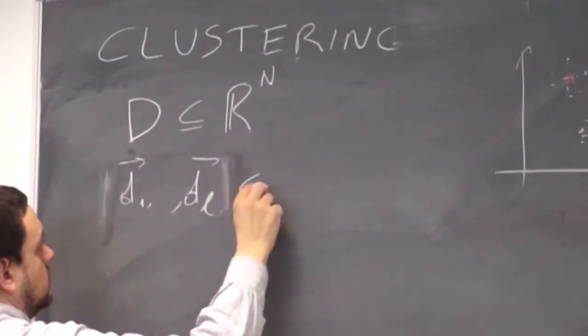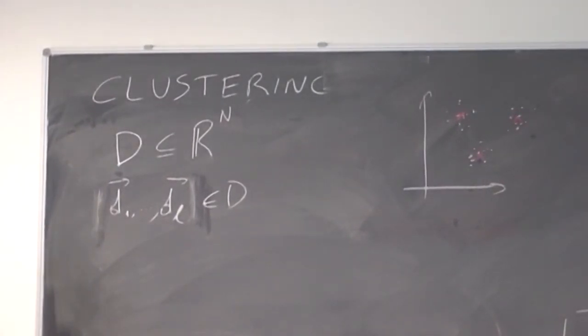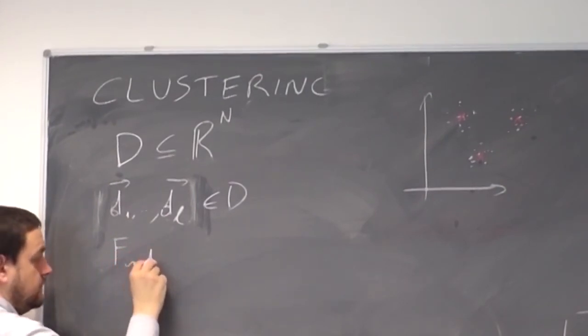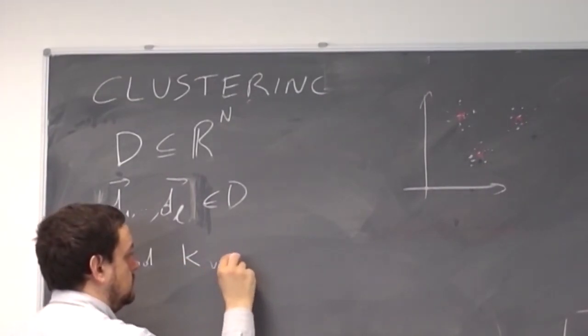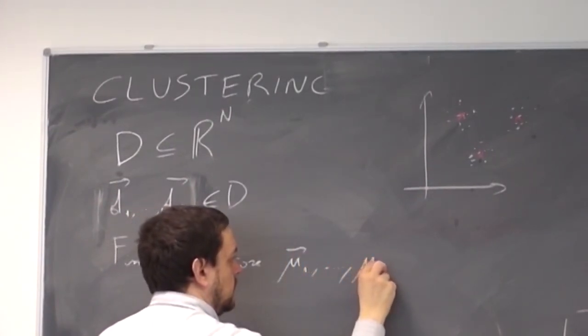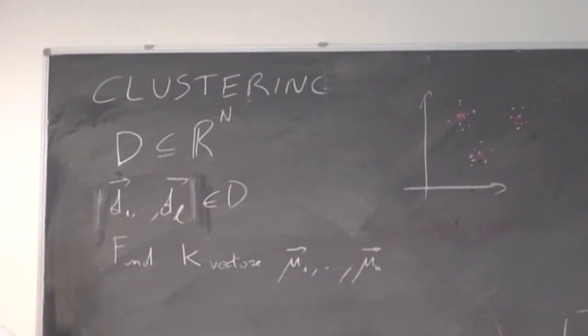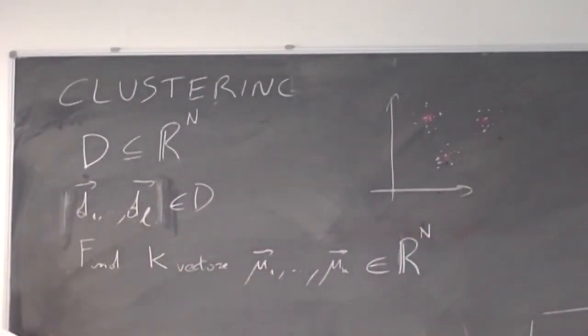So the problem that I want to solve is this. We still have elements d_1 up to d_L, and I want to find k vectors mu_1 up to mu_k, each of them still in R^l.